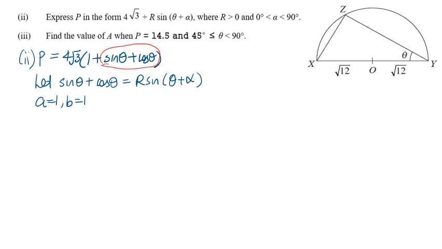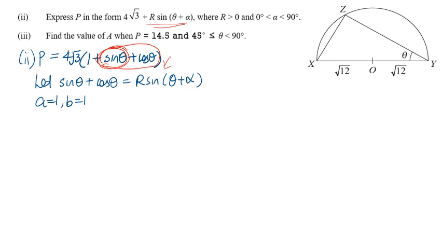Okay. So this is now is the opportunity. Okay, we can express it as R sine bracket theta plus alpha because my sine theta comes first now. Okay, and anyway we are asked to do it, so you don't change the position, since the question specifically asks you to write it in the form R sine bracket theta plus alpha.